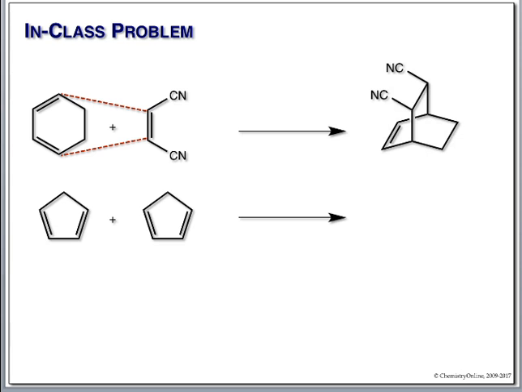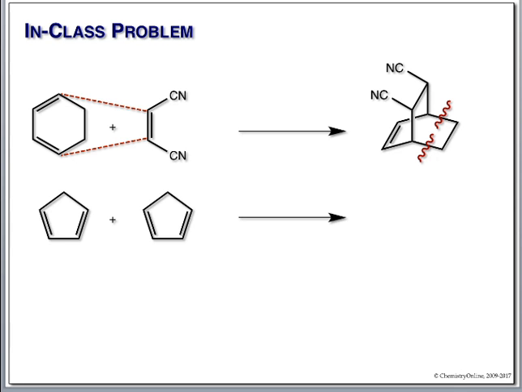Now, the stereochemistry here is important to remember. Here are the bonds that we made. This stereochemistry, remember, is what we call endo.